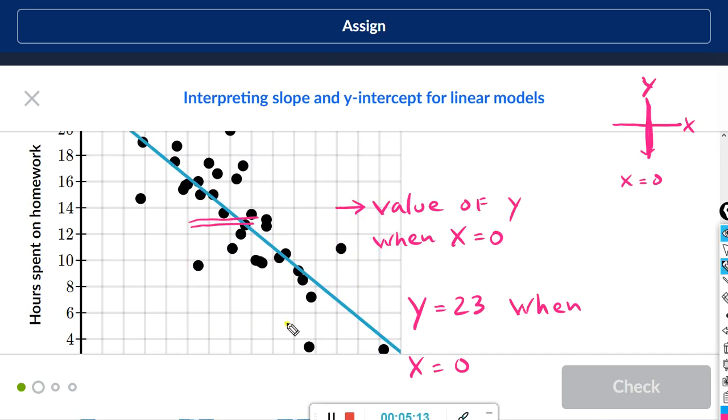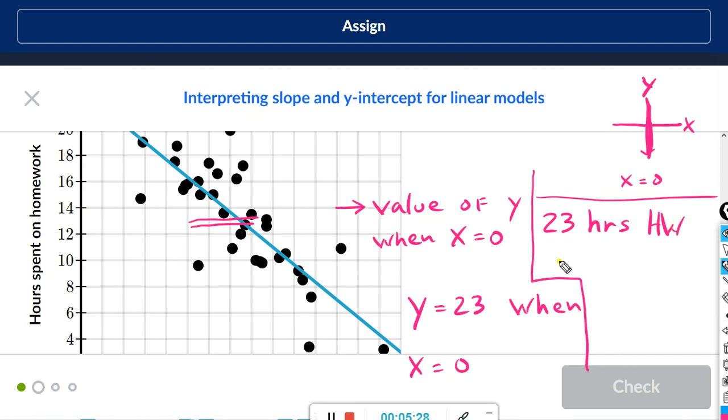It says y equals 23. That's hours spent on homework, right? So that means 23 hours of homework and 0 hours of video games.